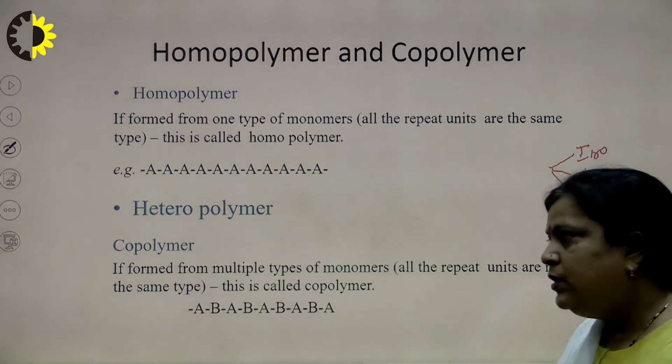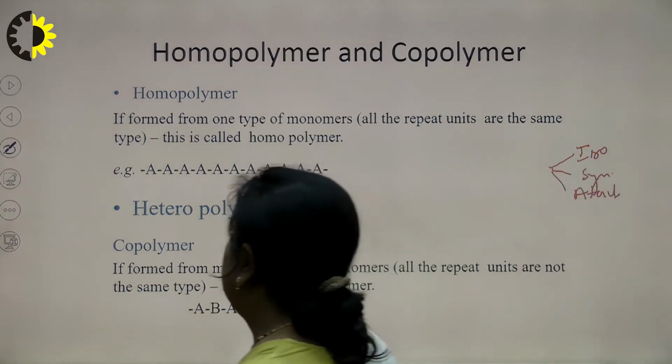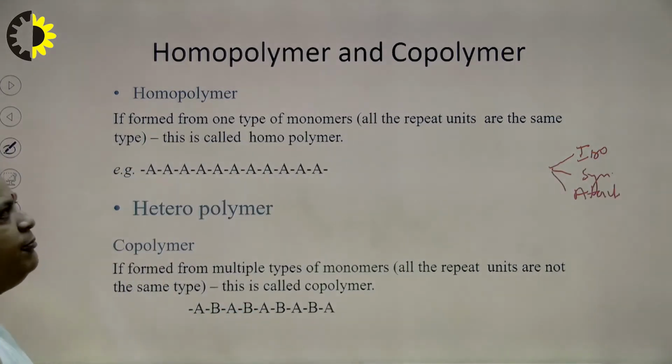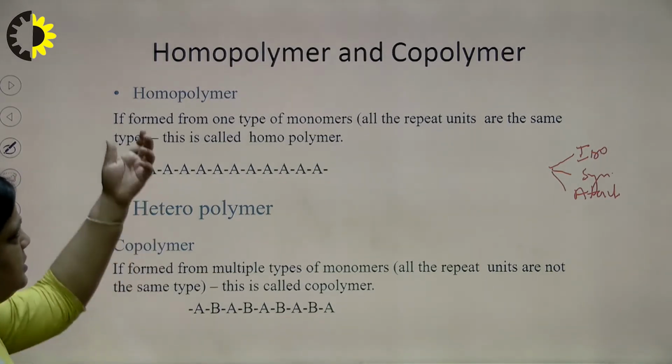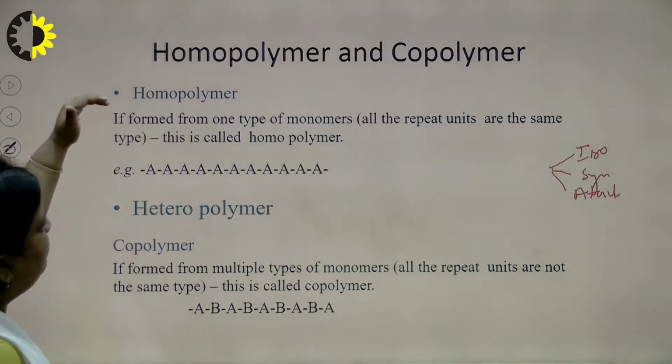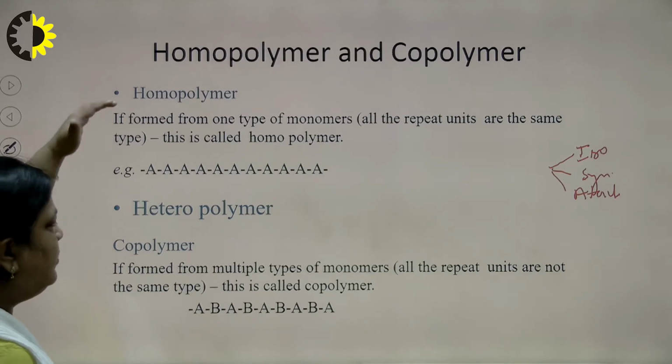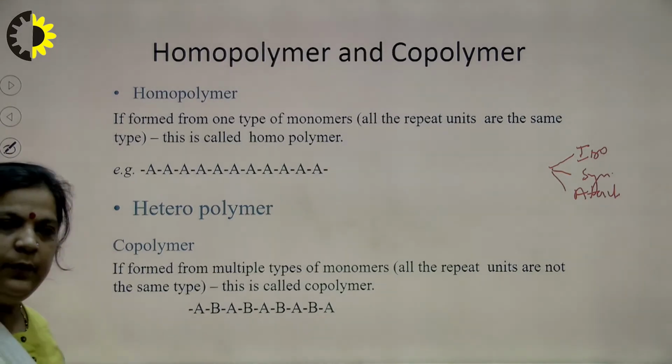Now, I took the classification of polymers on the basis of monomers. On the basis of monomers, the polymers may be homopolymer or copolymer.